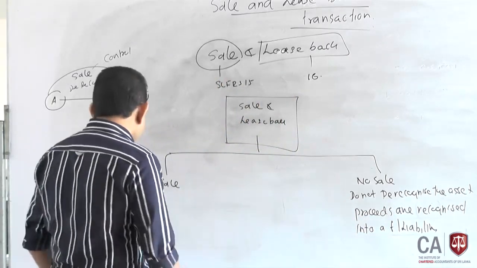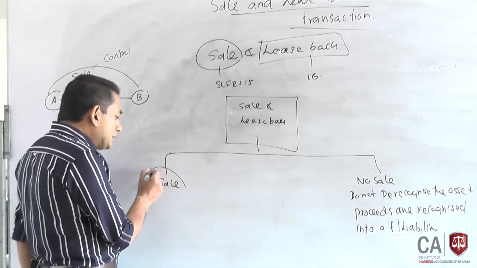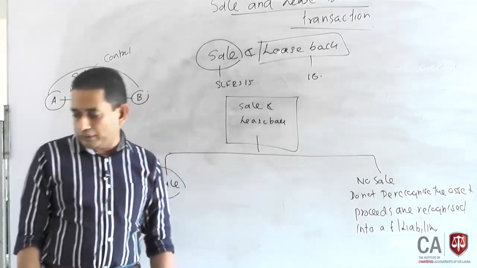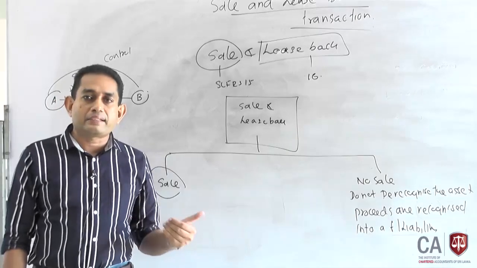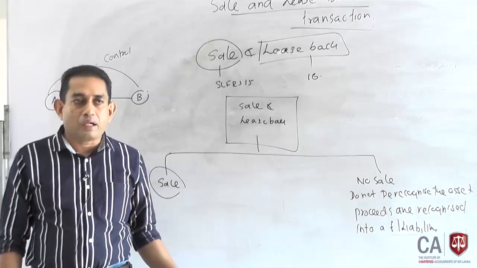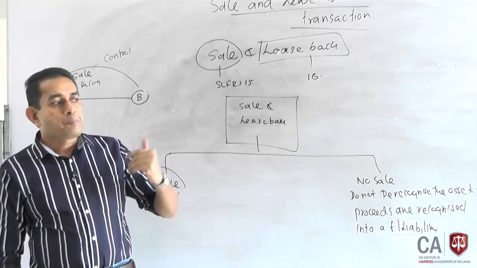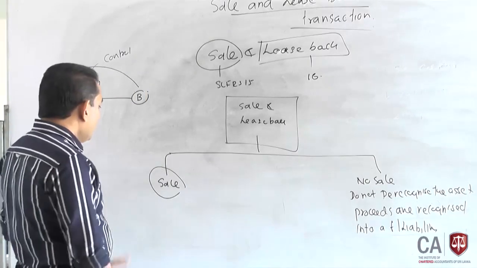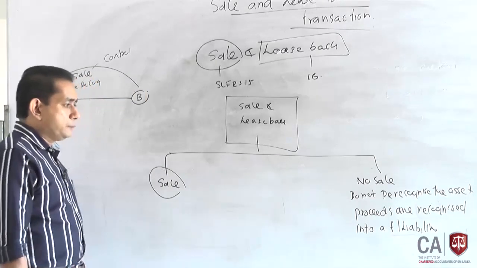No sale. If a sale has occurred, then only the problems start arising. How do we know that the sale has occurred? Performance obligations have been satisfied. How are they satisfied? By passing the control of the asset to the buyer. Then how do we do the accounting?